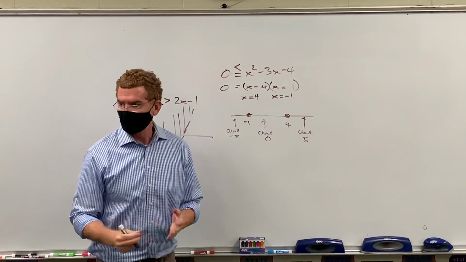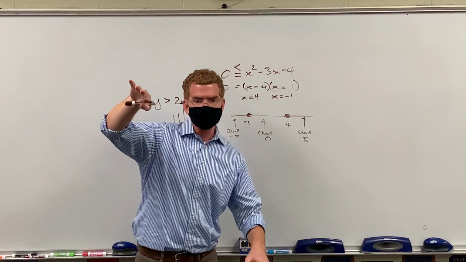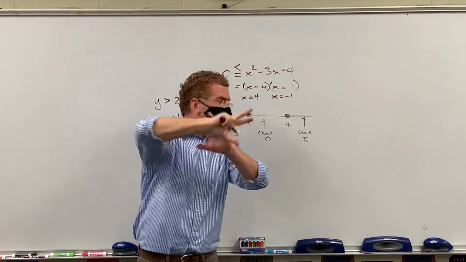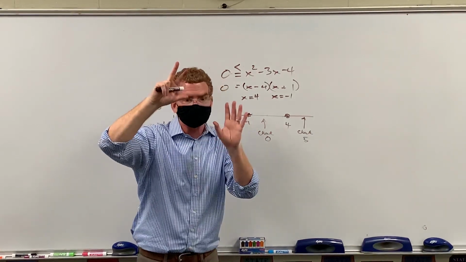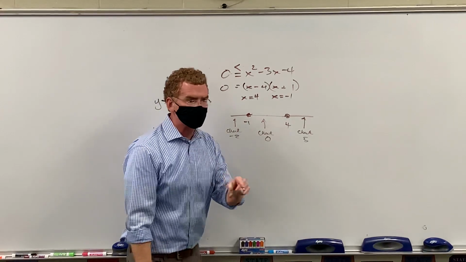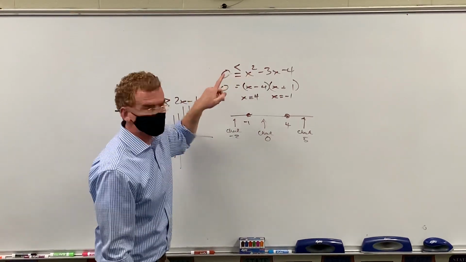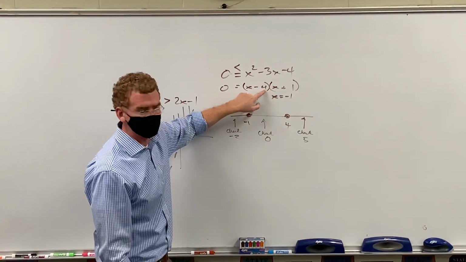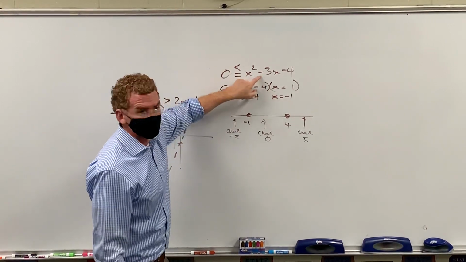Are you with me? Because just like when you shaded a line, if it's shaded on one side, it doesn't really matter what point you check. If you check something right and it says it's true, you shade the whole side. So anything in between here, if you check that number in here and it makes a true statement, and I'm going to check it in here because I think it's even easier, and you'll see why in a second. But you're welcome to do that.